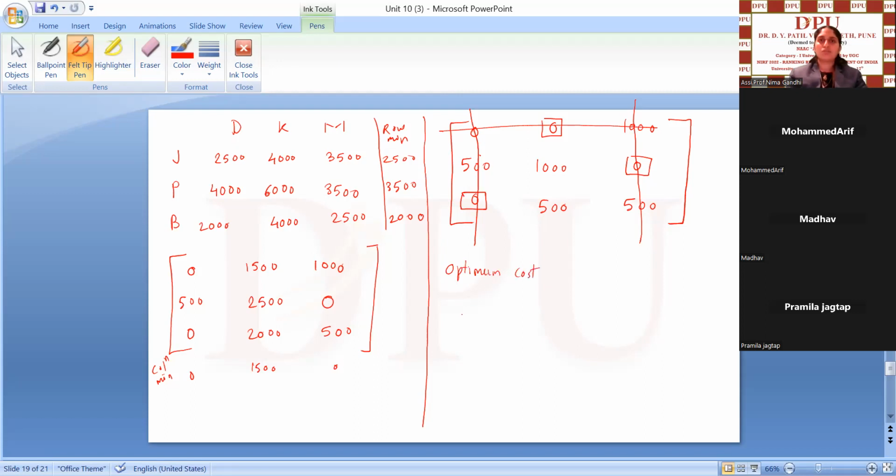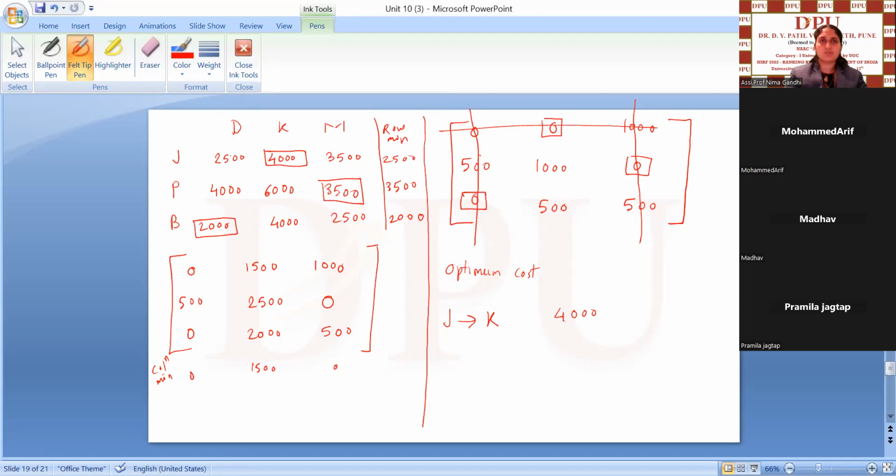At optimum cost, how to find out what are your allocations? You're sending from Jaipur to Kolkata, right? So the cost is 4,000, right? So this is your allocation. So you can compare it here. So your allocation is actually here, here, and here.